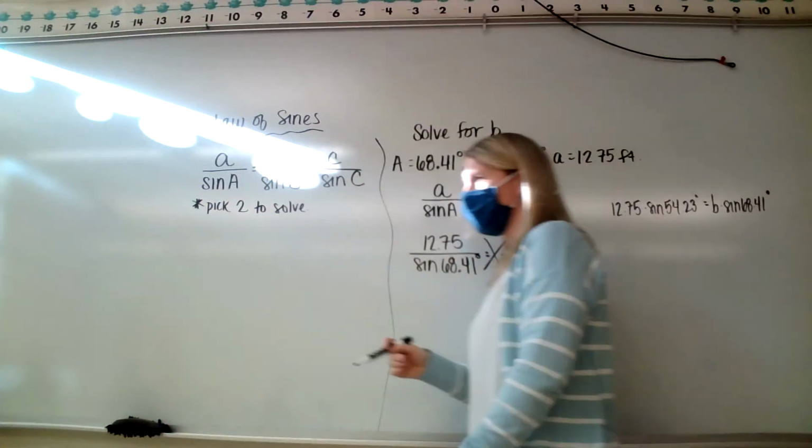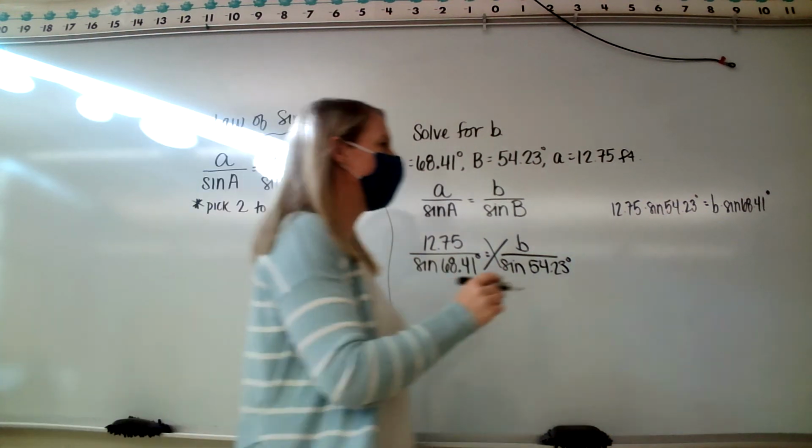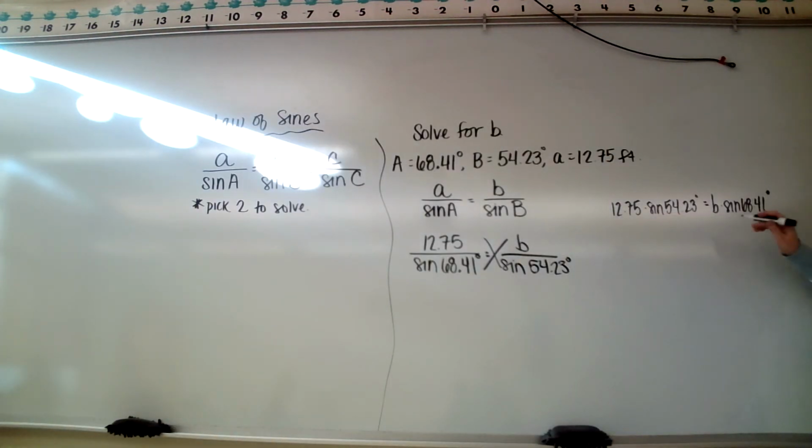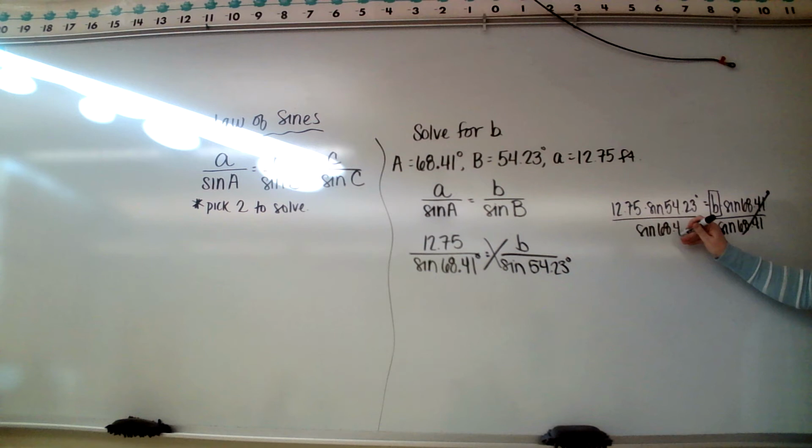I want to make sure I don't go off the screen. Okay, beautiful. And then, just like the other ones we've done, I want to solve for this. I'm going to divide by what it's attached to. And then I'm going to throw this in my calculator and find my final answer.